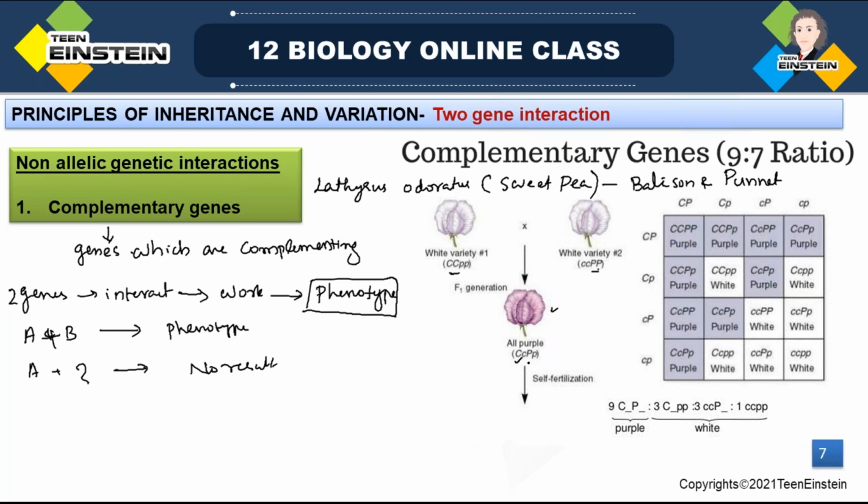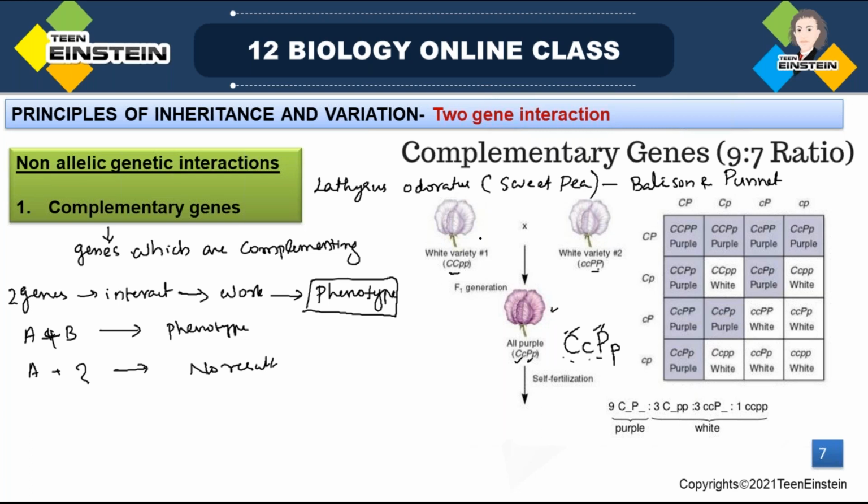Here the C dominant allele is there, P also. This is the heterozygous condition. In the F1, each gene has one dominant allele, right? So both dominant alleles come together, and that forms a purple color flower.